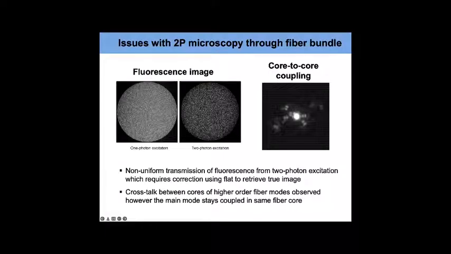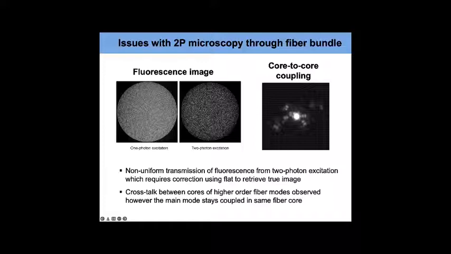You get these really inhomogeneous signals. This is imaging through a uniform fluorescence slide with two-photon. We've gotten around that by taking calibration measurements of the uniform slide and then trying to correct for that in our image reconstruction.